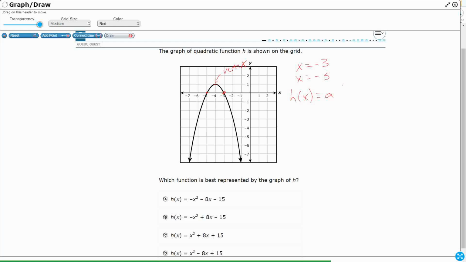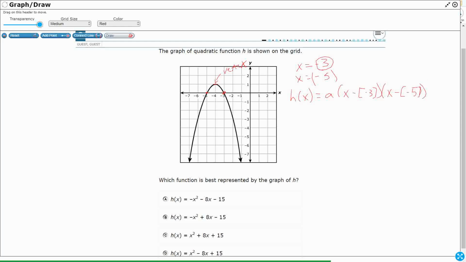We don't know what that is. And then it's going to be x minus, and let's take one of these, -3, and then x minus this other one. Let's get this -5 in there. All right, so that's going to be our factored form.